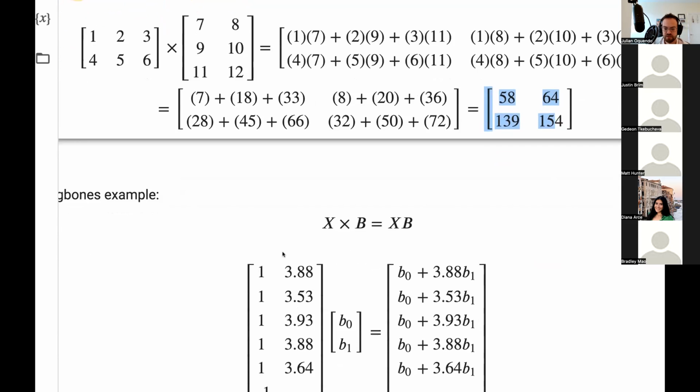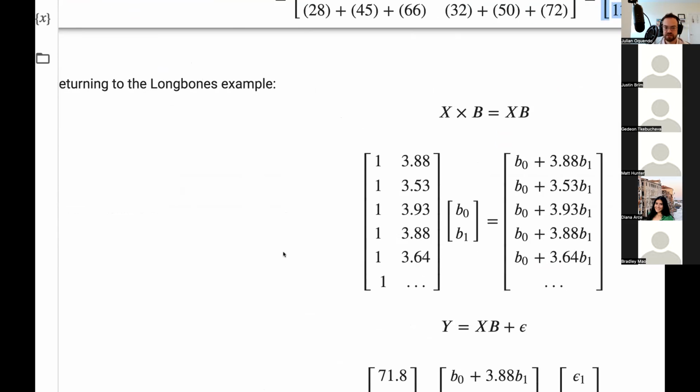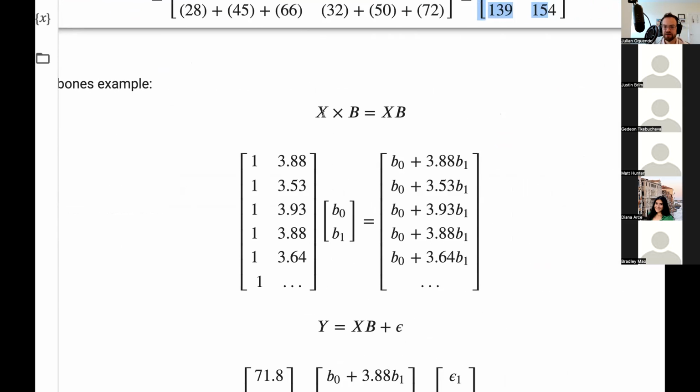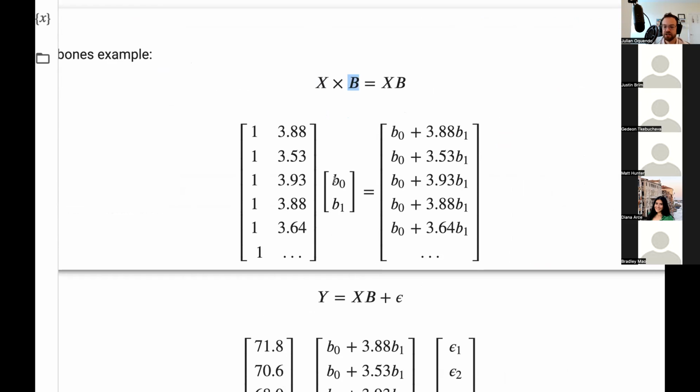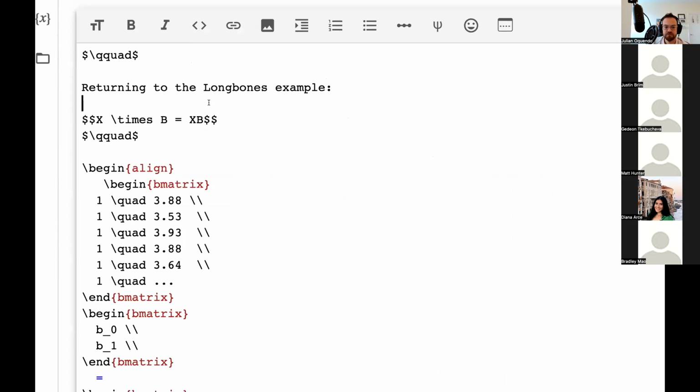So with our long bones example, if we have our X matrix multiplied by the unknown slope and the values, we can expect to calculate the sum of every single instance of our intercept values, because the intercept will be applied.